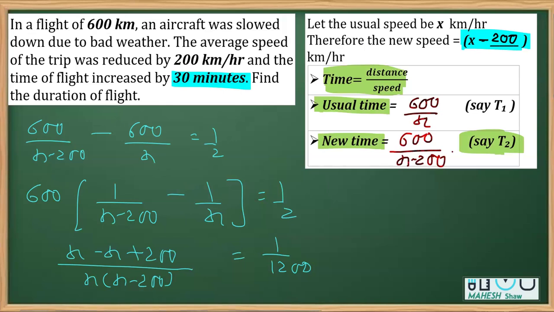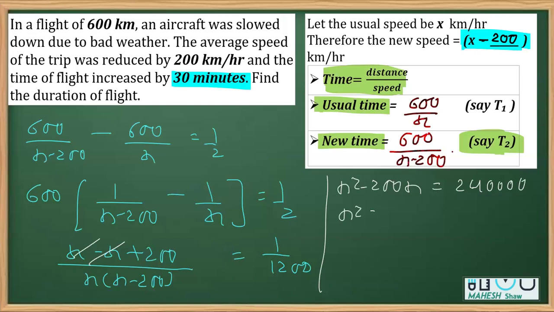Further, I can see this getting cancelled here. Further simplification with cross multiplication, this multiplied by 1. So it is x square minus 200x, and this side 200 multiplied by 1200 is how much? 2 into 12, that is 2400. 24 followed by 4 zeros, right?